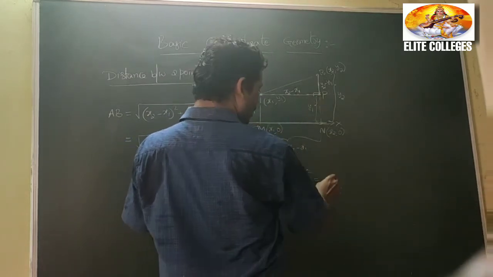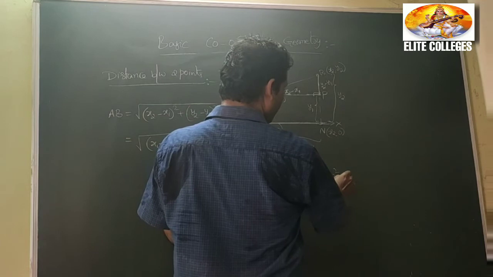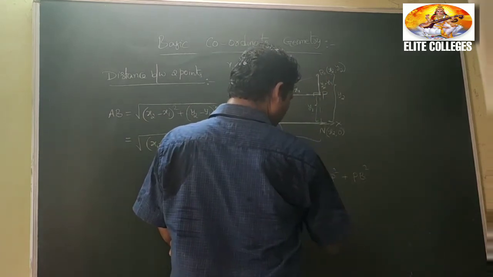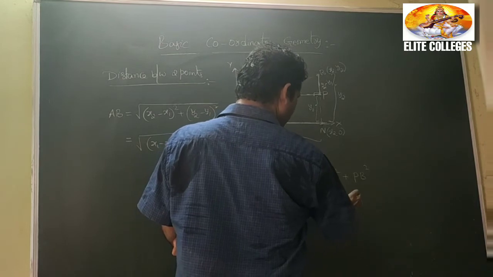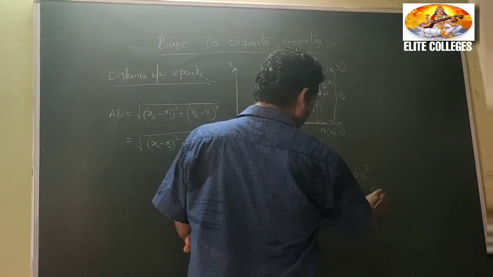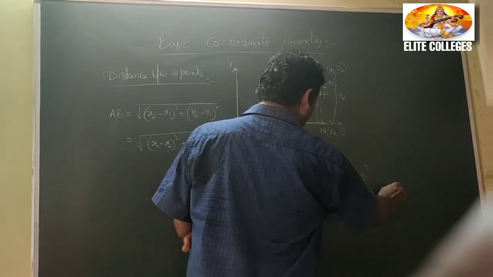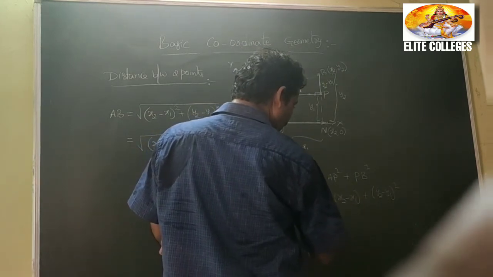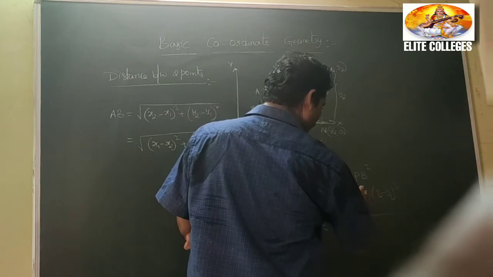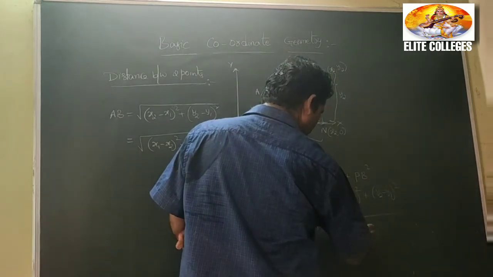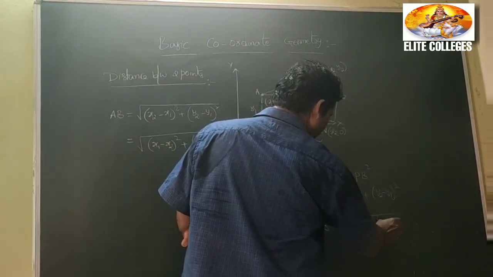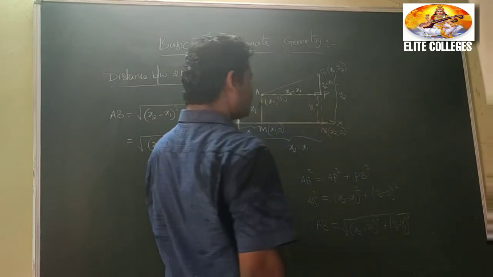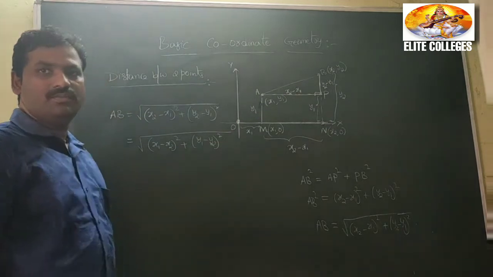AB square equals AP square plus PB square, that equals x2 minus x1 whole square plus y2 minus y1 whole square. Then what is the AB? That equals square root of x2 minus x1 whole square plus y2 minus y1 whole square. That is the proof.